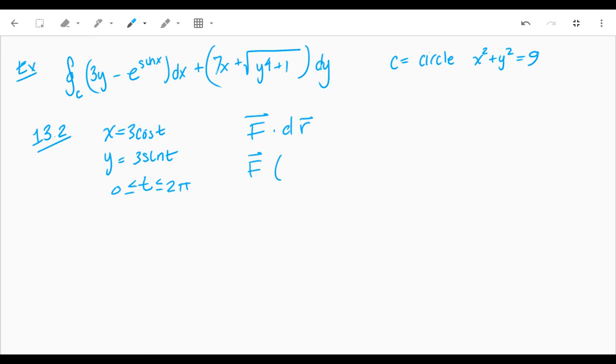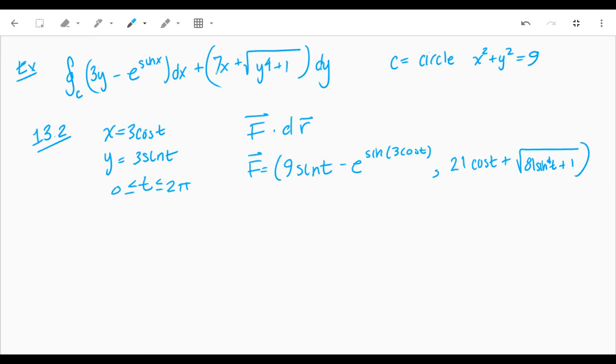So f would be 3y, so 9 sine t, minus e to the sine of 3 cosine t. It's looking messy, guys, right? And then for the y part, it'd be 7 times x, so 21 cosine t, plus the square root of y to the fourth, which would be 81 sine to the fourth t, plus 1.